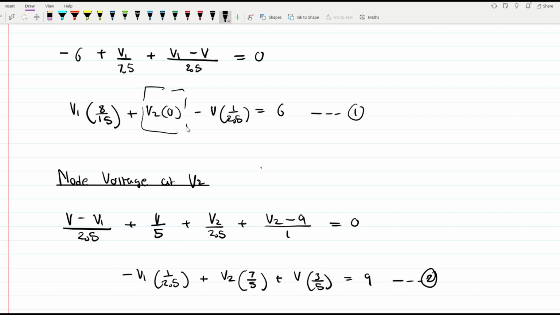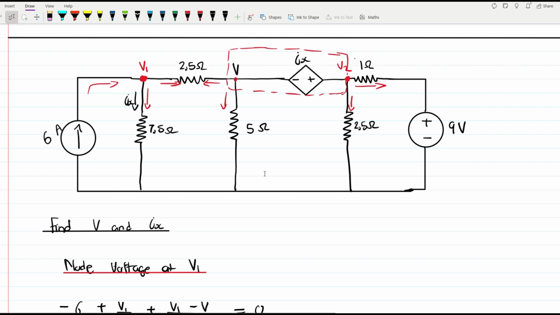So what can we do? So we're going to go back to our diagram here. So we're going to see that we have Ix and Ix over there. So we're going to have a constraint of this dependent source. So we're going to say that Ix is equal to V1 divided by 7.5.